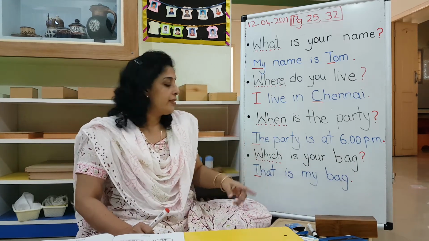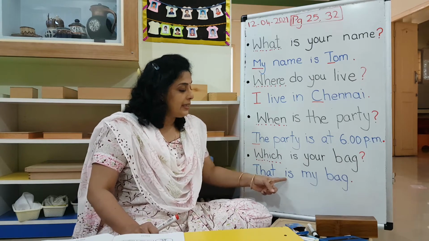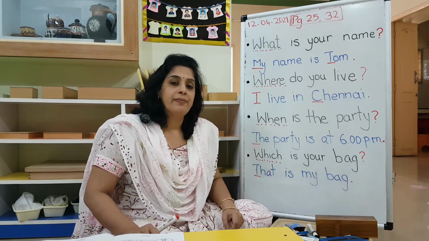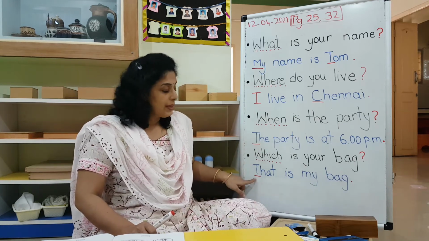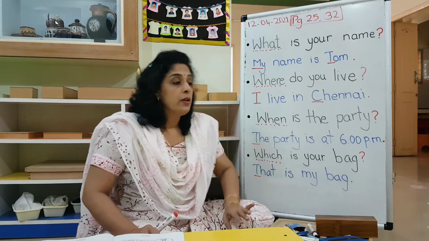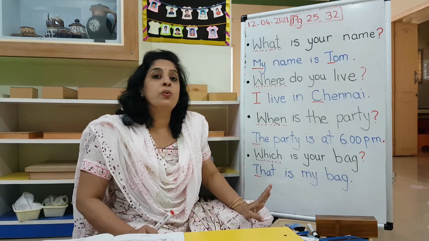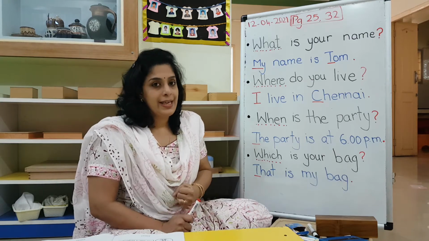Okay, let's write the answer for that. Which is your bag? That is my bag. Pointing out and saying, that is my bag. Capital letter, begin with a capital letter, finish it with a full stop. So this whole exercise for you is about, because earlier you had learned to read sentences.